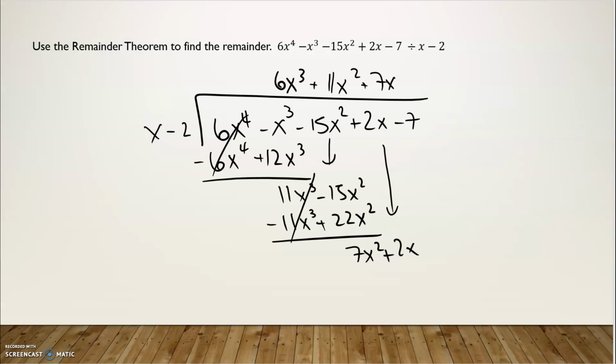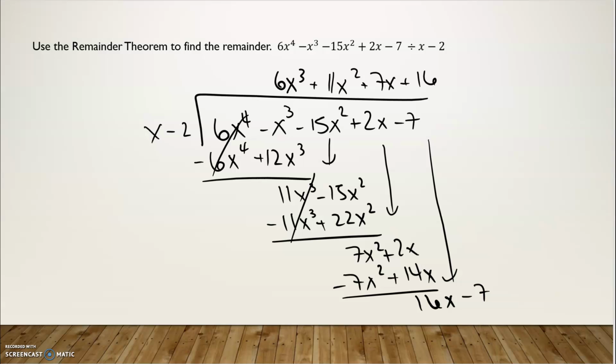That will be negative 14x and 7x squared. So change the signs, so that would be 16x. Bring down that negative 7. So plus 16, that will be 16 times negative 2, which is negative 32, and 16x.